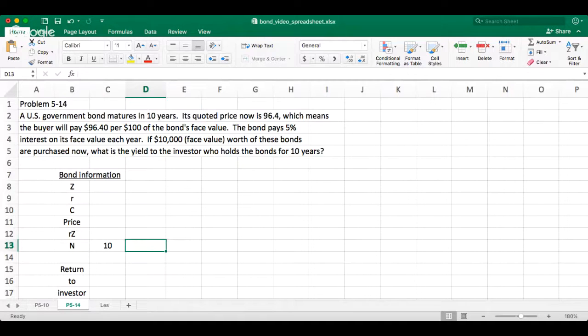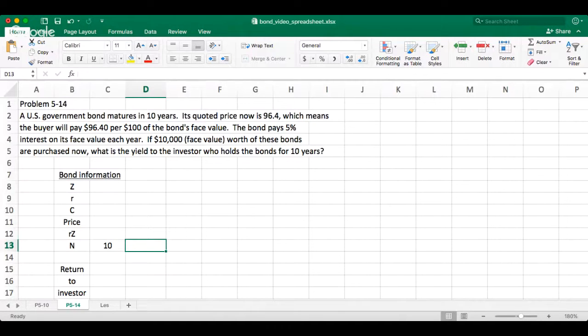This tells us that the buyer is paying less than face value for the bond, and is paying $96.40 for every $100 face value. And we're not going to do anything with that yet, but we will in a moment.